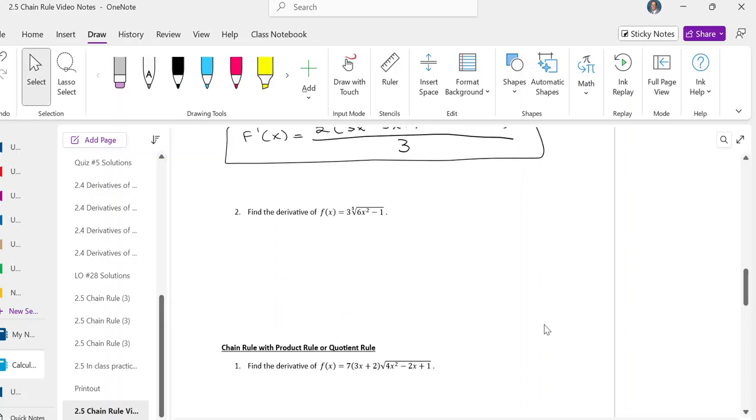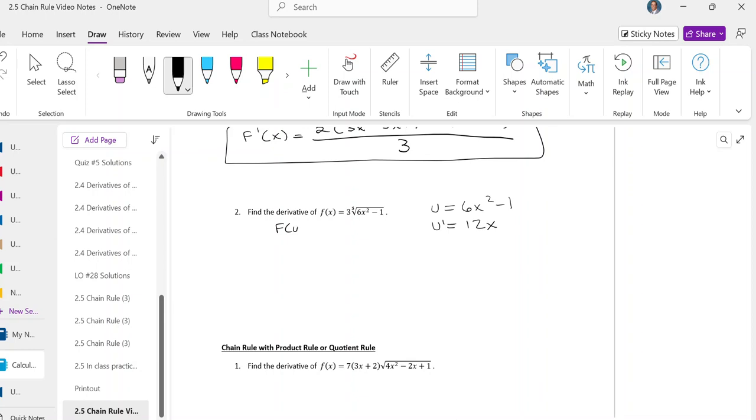Here's one with a square root. So we'll let u equal 6x squared minus 1. u prime equals 12x. So this is 3 times the 5th root of that. So f of u is equal to 3 times u to the 1/5, because that's the 5th root.